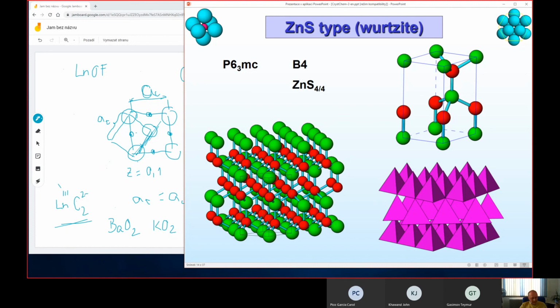And again, A3B5 or A2B6 compounds can adopt this structure.